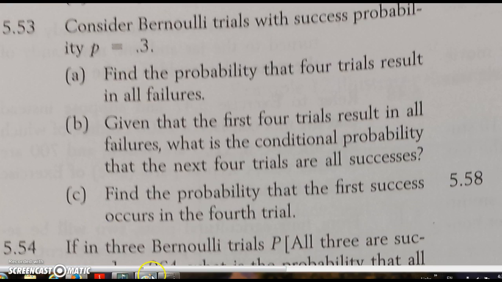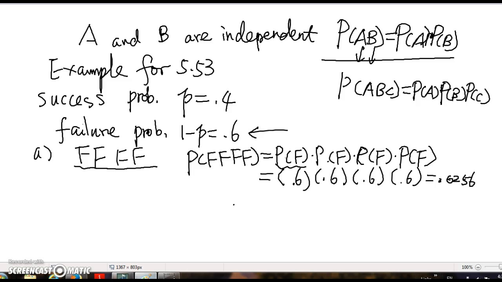Okay, so let's do this. So first, the first 3 are part B. So we're looking for the probability, P to represent the probability of 3 successes.